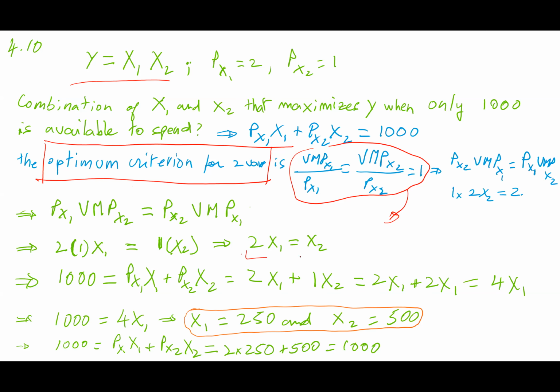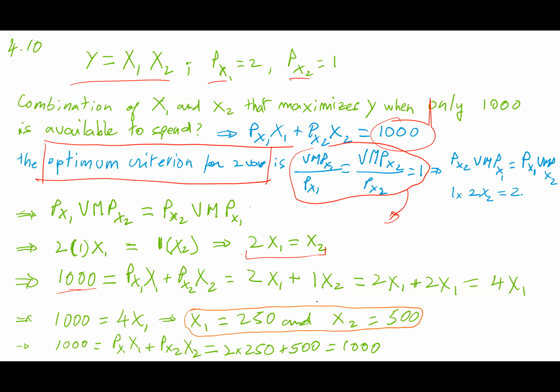So we have this number first, and we have information somewhere. We are given not only the price of each input, but the total cost. How much would these inputs cost? And so what is the cost? The cost is, of course, p1 x1 plus p2 x2.